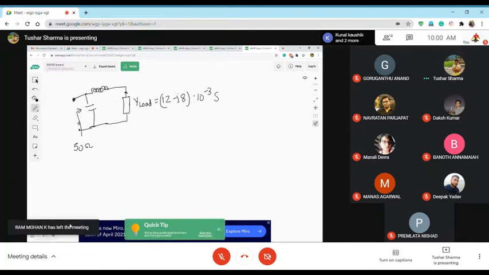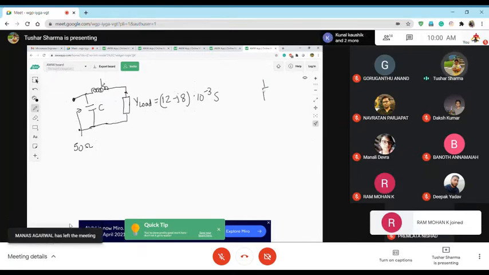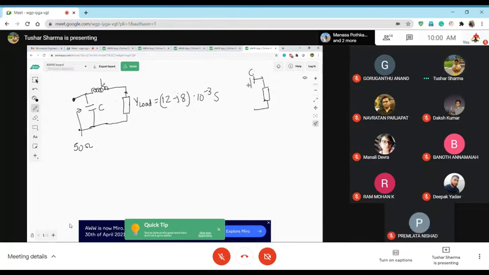I am using a series L and I am using a shunt C. Same impedance, I have a second case where I have series C and I have shunt L. Now the question is, which of the two matching networks will be able to match Y load to 50 ohms?